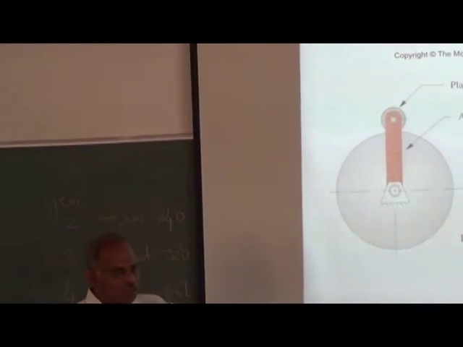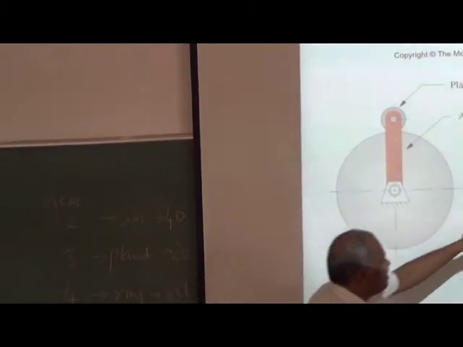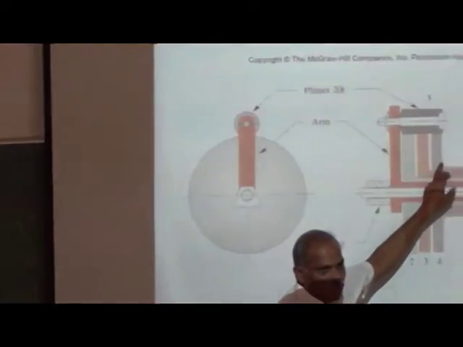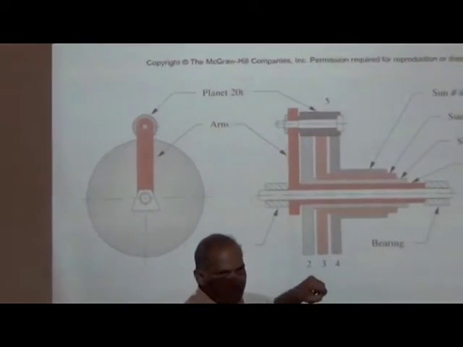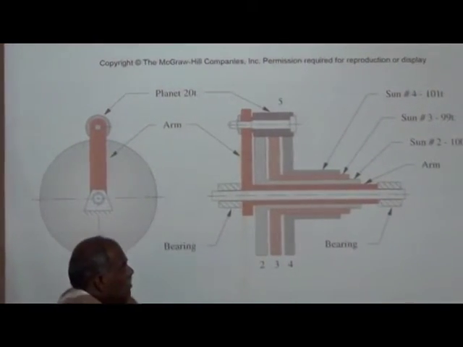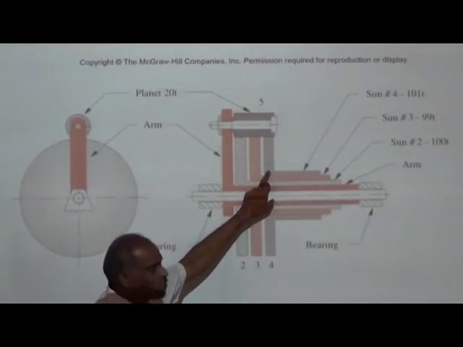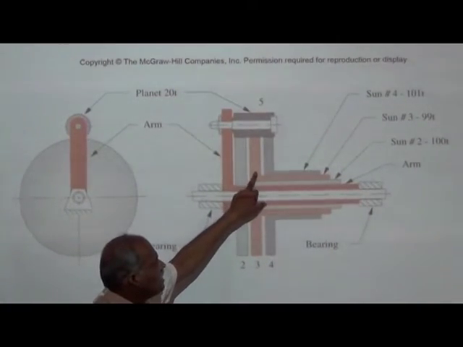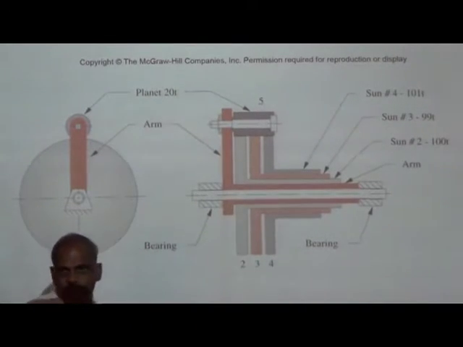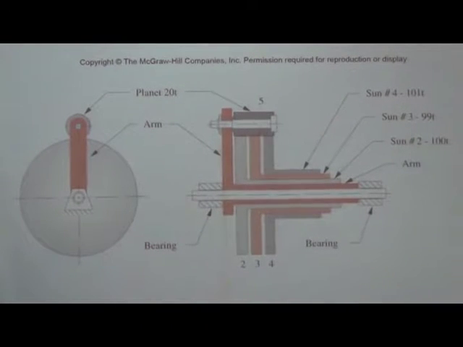But here they will have the same module, but you can see these 3 are having a peculiar number of teeth. This one is having 101 teeth, this is having 99 teeth, and this is having 100 teeth.